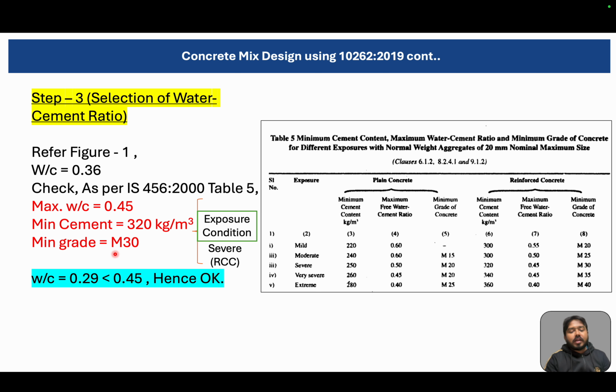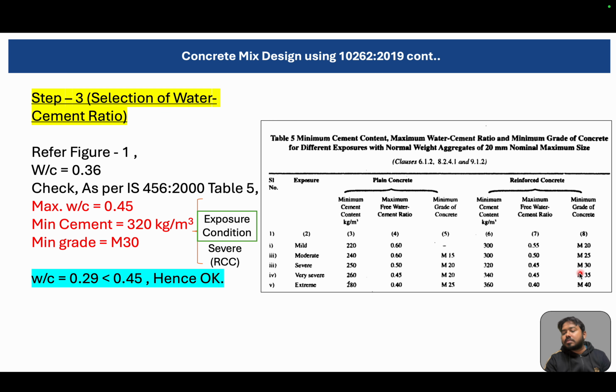Based on that, we need to check whether the water cement ratio we have arrived at is correct per the codal provision. The water cement ratio is 0.36, and the maximum allowed for this exposure condition is 0.45. Since 0.36 is lesser than the value given in the codal provision, it is safe for this particular case.